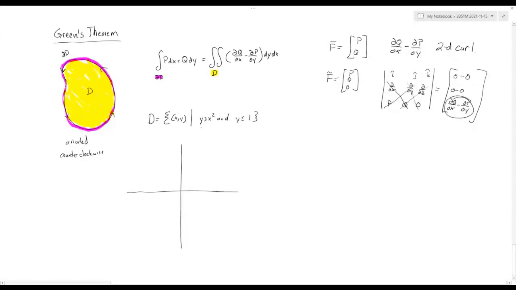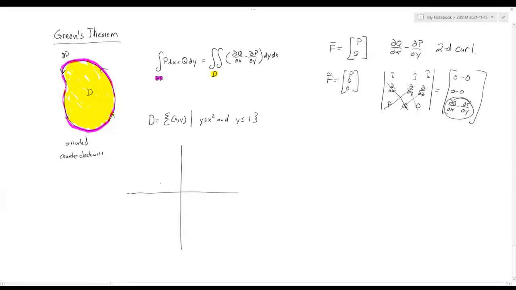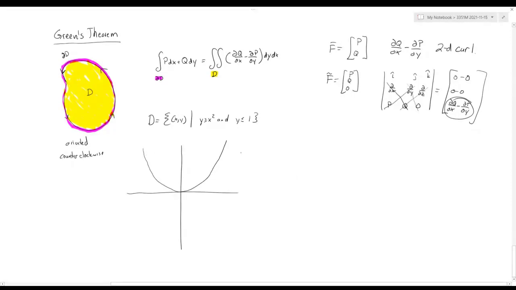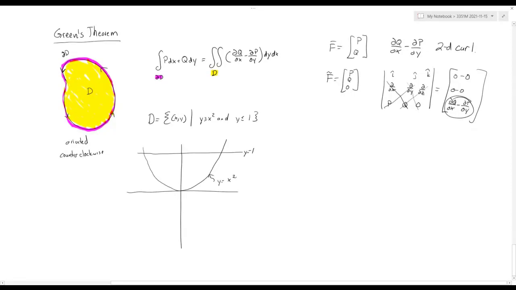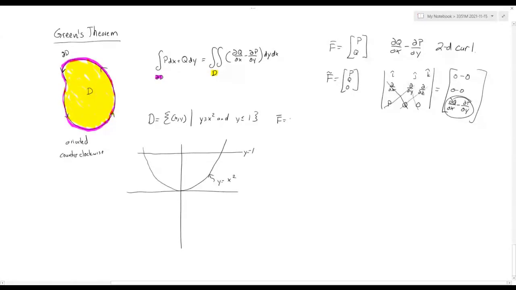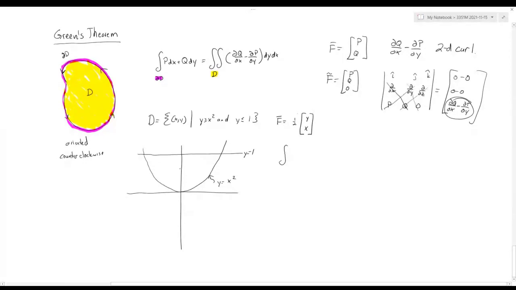So y equals x squared would give you a parabola. y equals 1 gives you a line. And we want to do the work integral of a vector field. So here's our vector field in our example. And so we want to evaluate over the boundary of D.